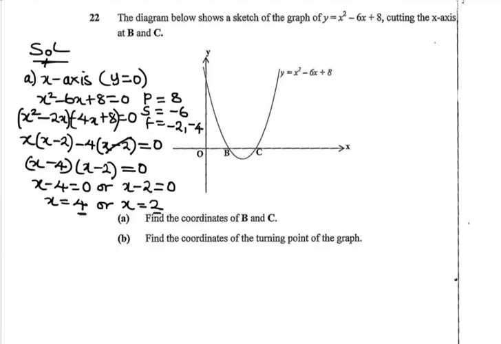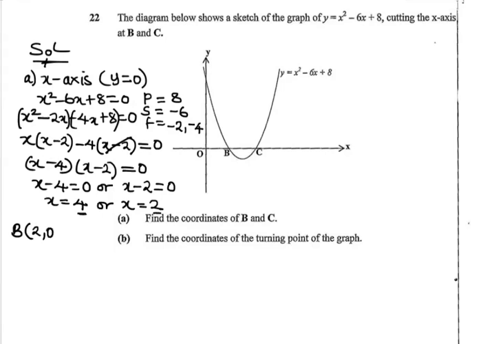In terms of coordinates, how are we going to assign these numbers we found, x equal to 4 or x equal to 2, to the points B and C? If you've seen, B is closer to the origin. So this simply means that B is going to have a lower value of x, which is 2. So for the point B, this will be 2, then comma, the value of y is 0 on the x-axis.